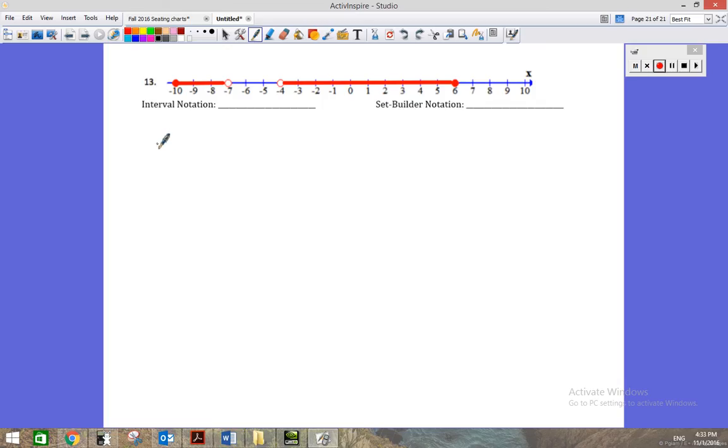Here it's a solid dot, so it's -10 all the way to -7. I exclude -7, or I'm in this interval that has endpoints -4 and +6. I'm excluding -4. I'm including +6. That is how I describe that set of numbers using interval notation.